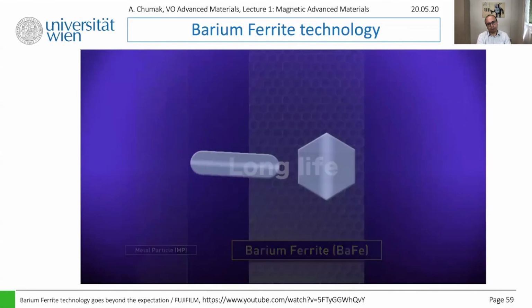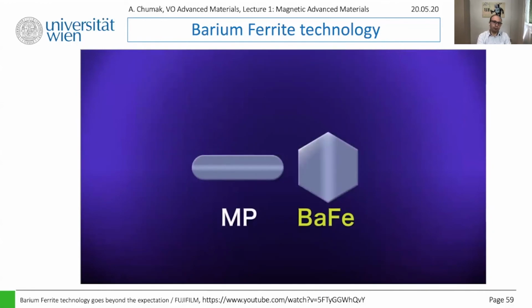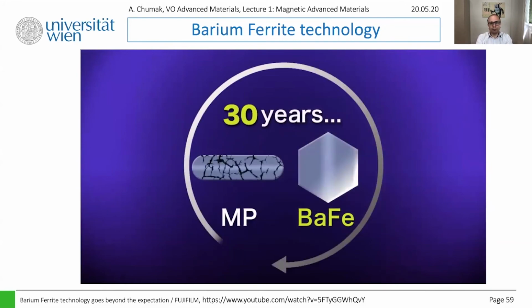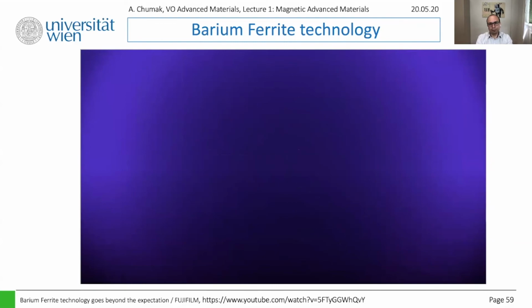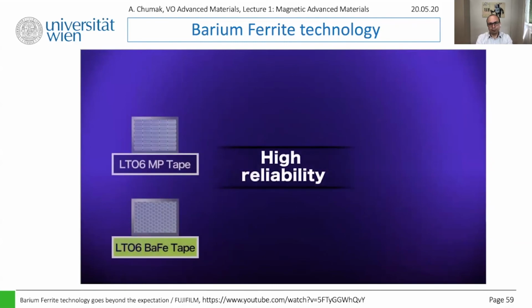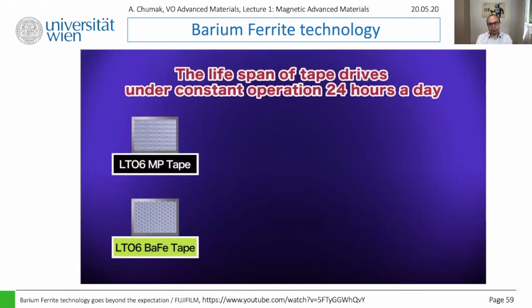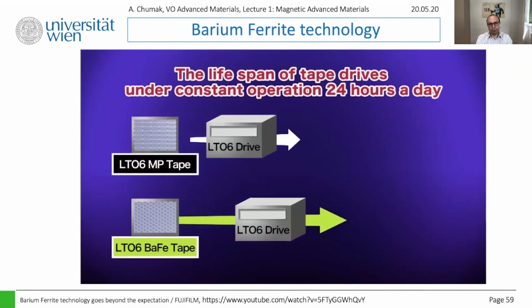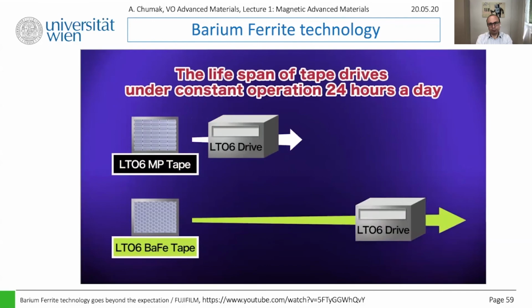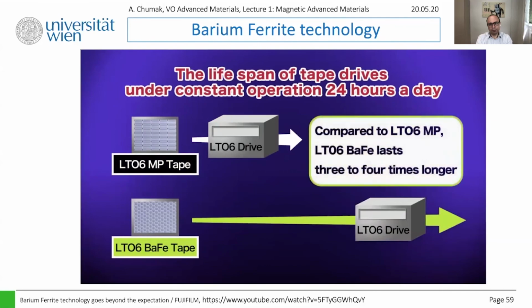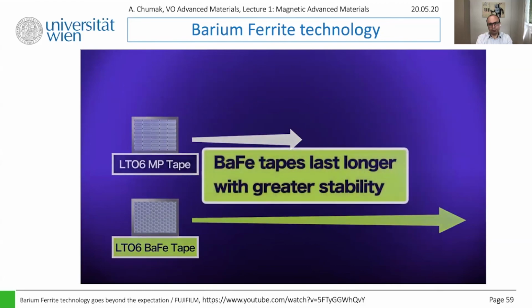Long life. As the main constituent of barium ferrite is an oxide, it doesn't deteriorate through oxidation, giving it an expected lifespan of 30 years or more. High reliability. Tapes using barium ferrite have better frequency response, greater magnetic recording and reproduction accuracy. This boosts the lifespan of the tape drive and achieves greater stability during the reading and writing of information.